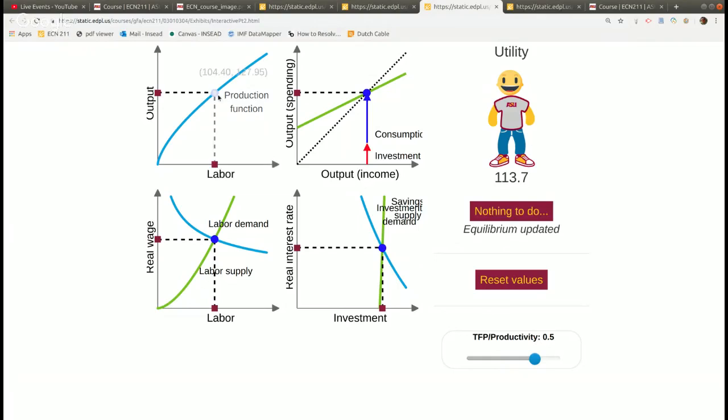But people make higher wages, output per person is higher, they have a higher level of consumption. Rich countries with higher productivity levels, which tend to be rich countries in the world, as you see in the course material, countries with higher TFP levels tend to be richer. The people there tend to be happier, and Adam is happier here under higher productivity.